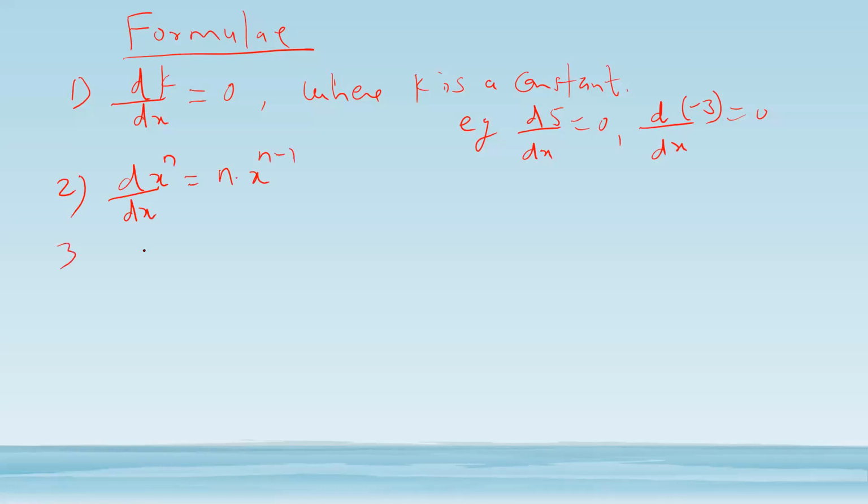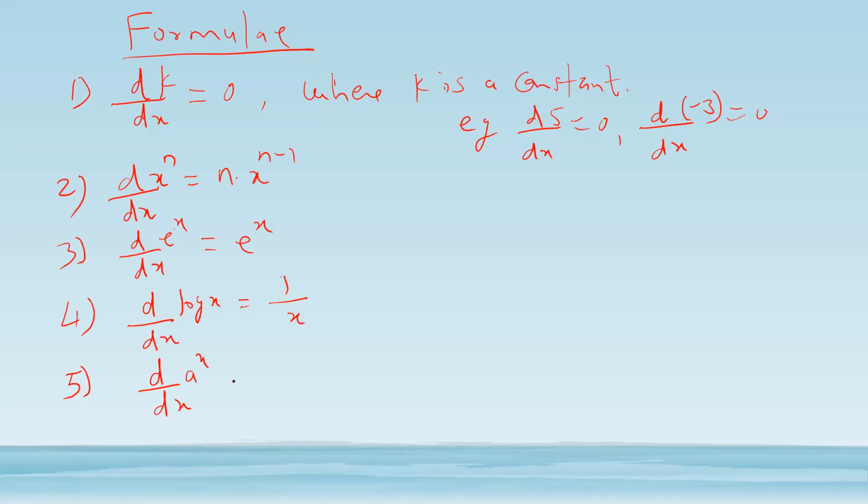Third one, derivative of e to the power x is the same as e to the power x. Fourth one, derivative of log of x is equal to 1 upon x. And finally, the fifth one, derivative of a to the power x is equal to a to the power x into log of a, where a is a constant.